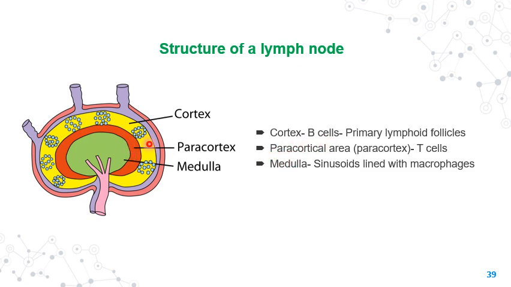You're going to see in comparison to an area of the spleen. Okay, and then in the center here, you're going to have the medulla, and you're going to find a lot of spaces here. They're called the sinusoids. Okay, and here you're going to have macrophages that like to hang around. So here are your afferent vessels, and here are going to be your efferent vessels.